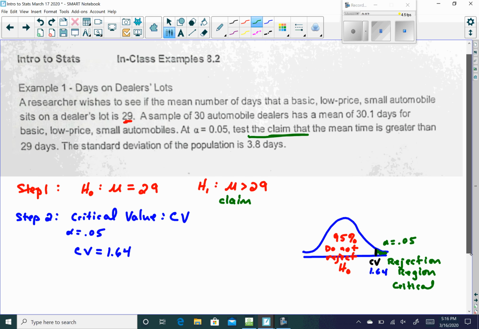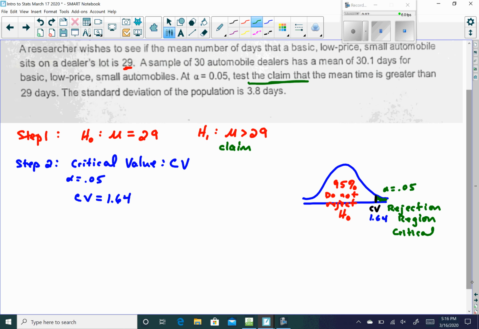Step 3 is to find the z test value. I'm just going to call it the test value. And please label it like this. So this is our x bar, which is 30.1, minus mu, which is 29, divided by our population standard deviation, which is 3.8, and then we're going to divide that by the square root of our sample size, which is 30.